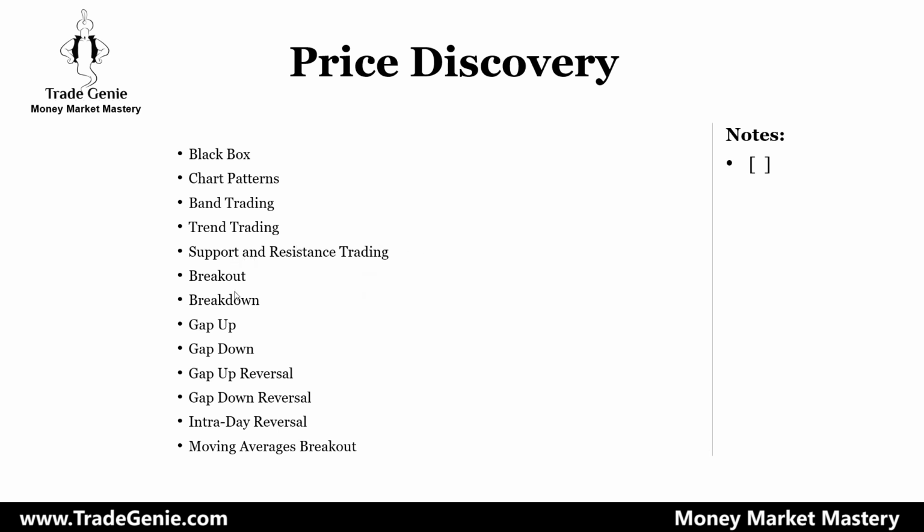So I pay a lot of attention to support and resistance, and I also try to understand what kind of support or resistance it is. Is it a weak support, or very strong support, or a weak resistance or very strong resistance? And then what is the stock doing when it approaches that support or resistance?